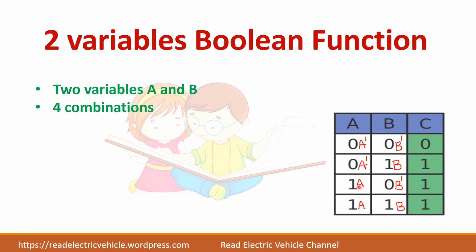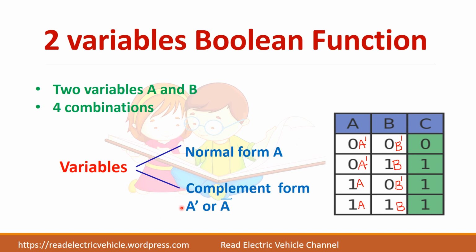That is, we are taking A as 1 and A dash as its complement, so it is 0. So the variables can appear either in normal form, that is like A or B, or in complement form, meaning A dash or A bar. Any notation can be used, because in some books they follow this dash, or you can put a bar also.